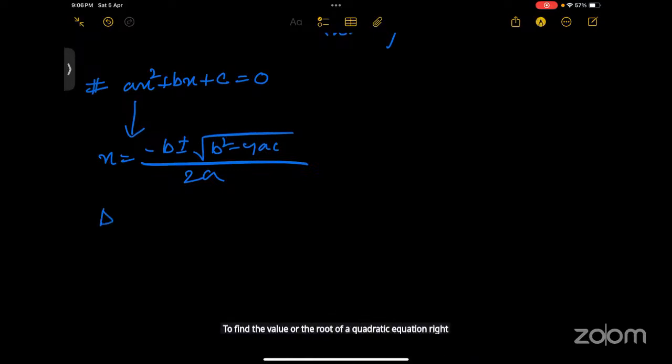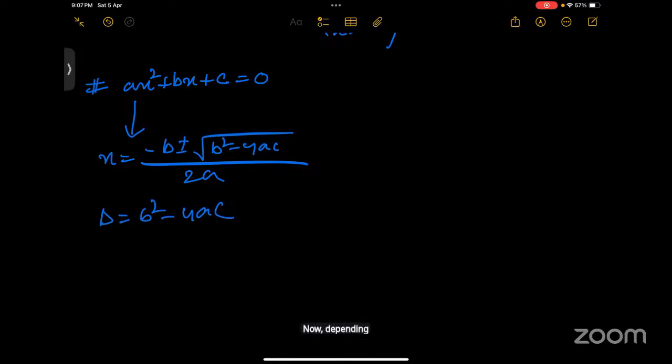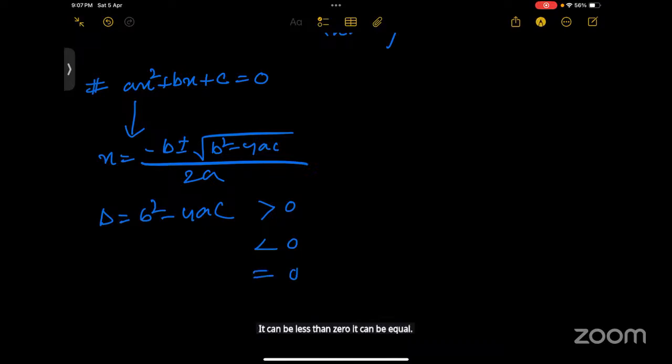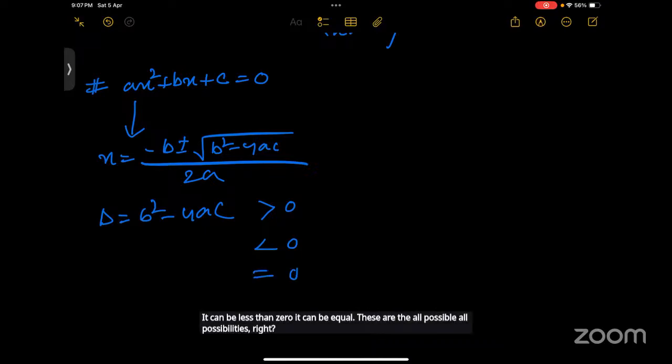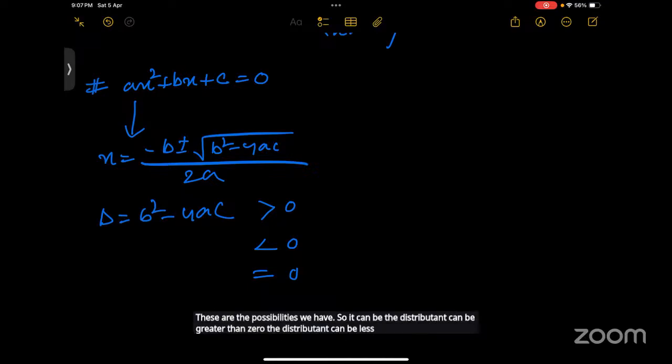And this term, b square minus 4ac, is called the discriminant of the function. Now, depending upon the discriminant, we can classify the function in three different ways. It can be greater than 0, less than 0, or equal to 0.